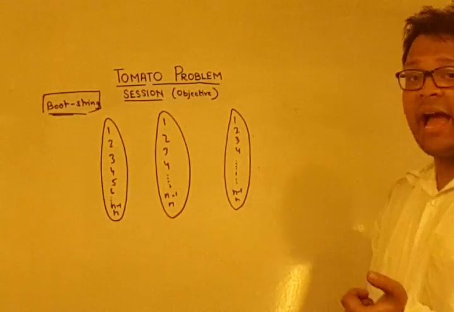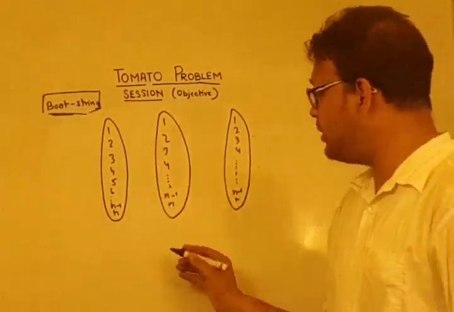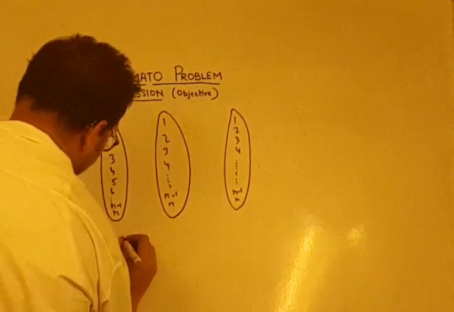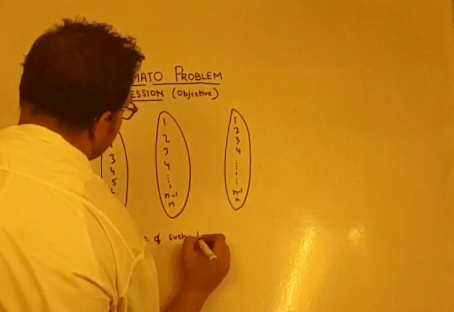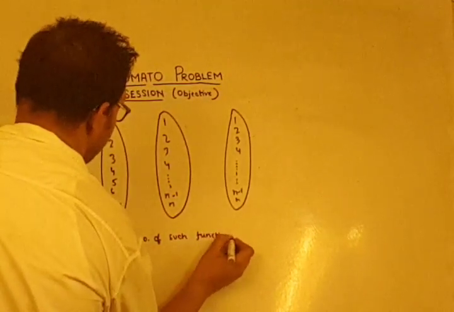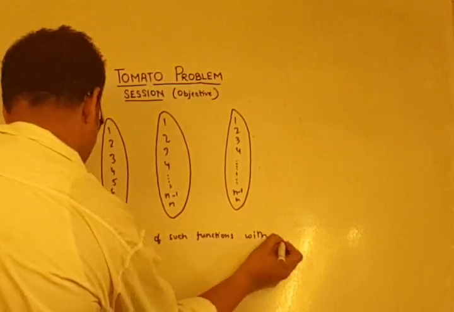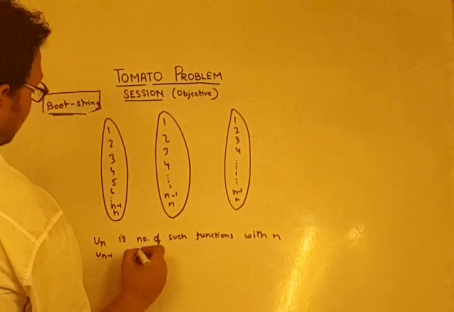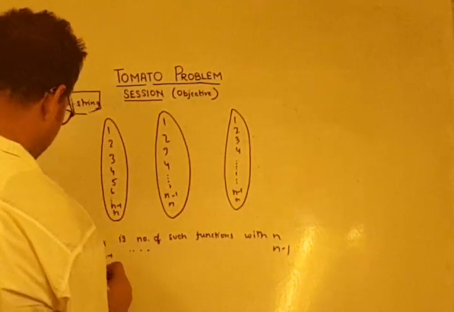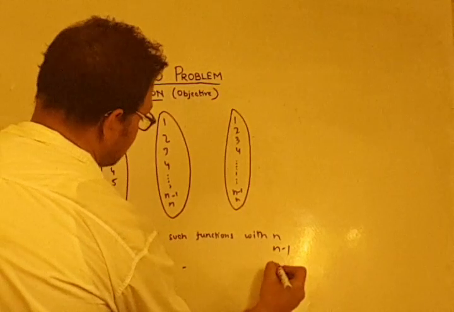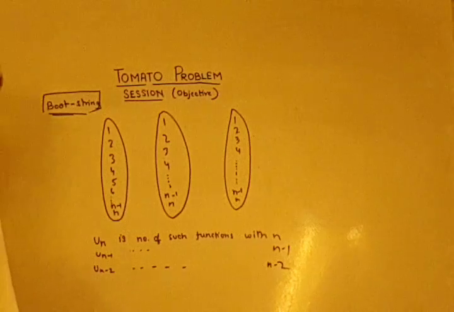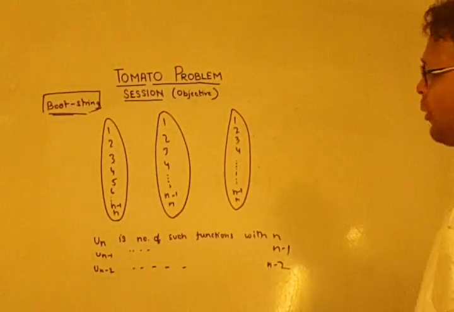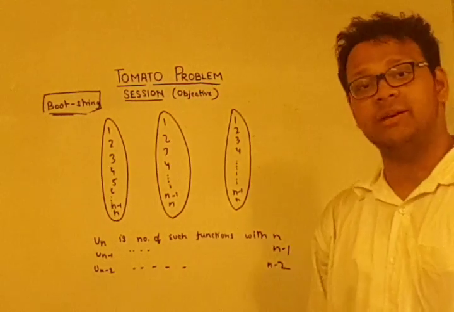So what I am doing basically is, say Un is the number of such functions with n elements, U(n-1) is the number of such functions with n-1 elements, and U(n-2) is with n-2 elements. Okay. So suppose I want to map, so f(1) must be 1.